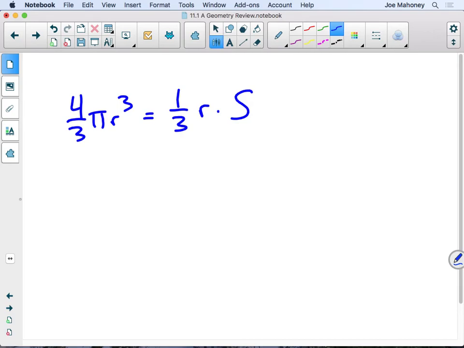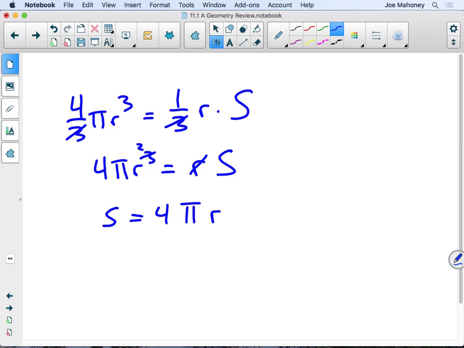First of all, I see a 3 on both sides in the denominator. Those 3's cancel out. So now I'm left with 4 pi r cubed equals r times S. Well, if I divide both sides by r, that cancels one of the r's here and makes it r squared. So the surface area of a sphere is 4 pi r squared, which is pretty neat.